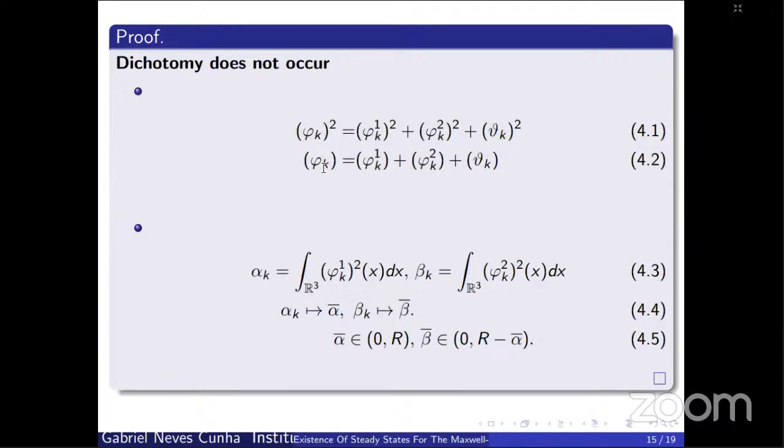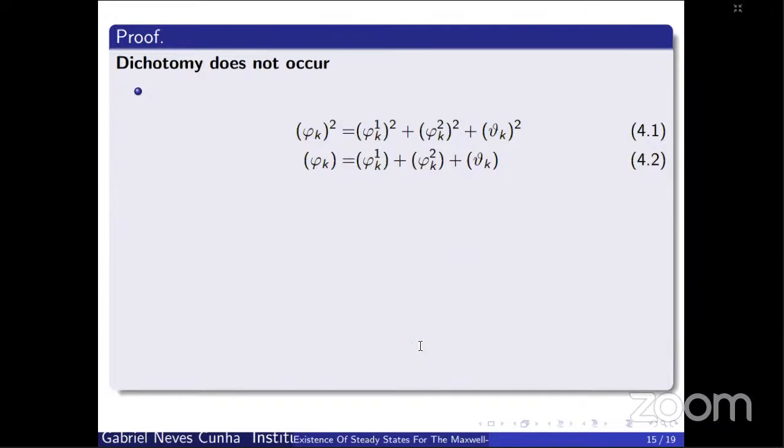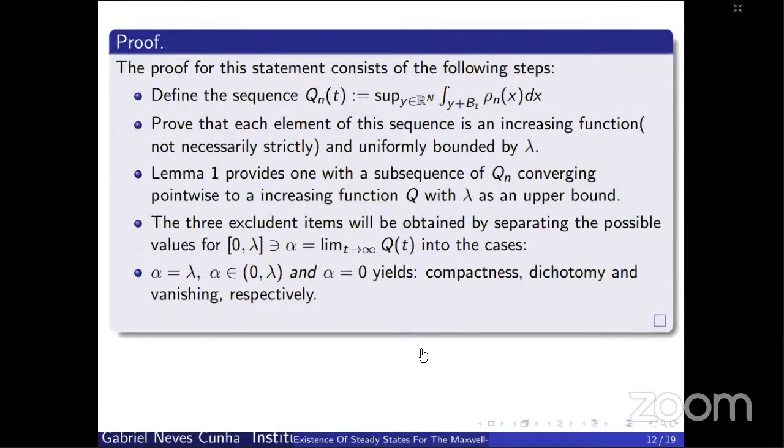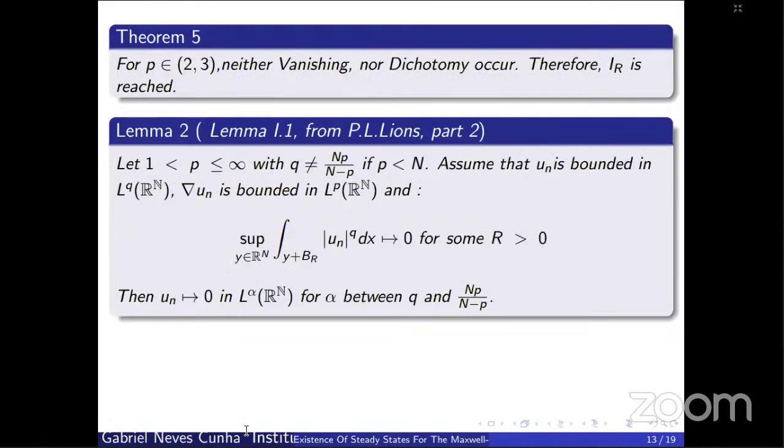We can do this for the square and for the first power. And this inequality here comes from the other inequality that you can see on the slide. So as you can see, this inequality. I'm sorry for going up and down like that. So we get a contradiction if we suppose that dichotomy occurs.